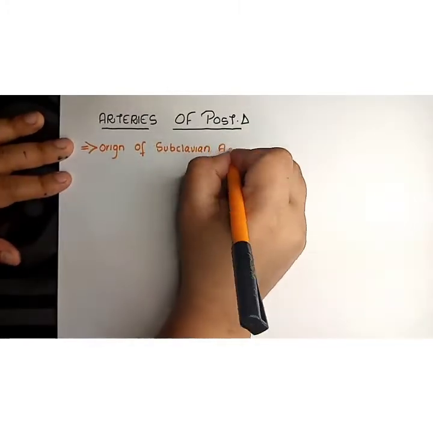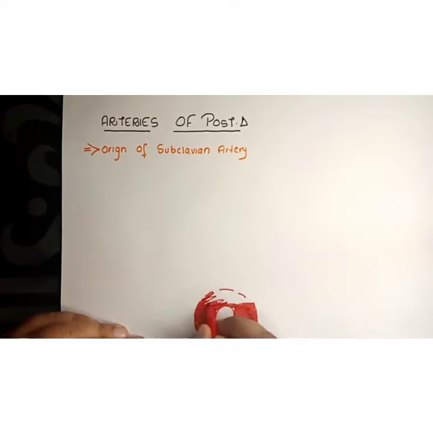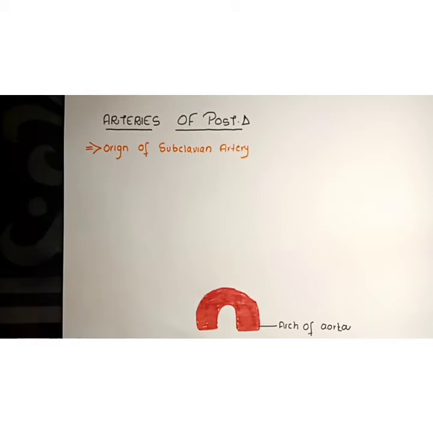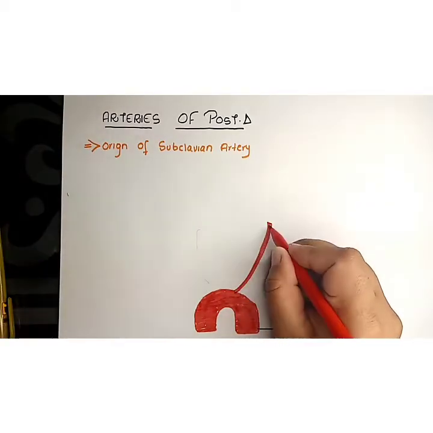The first one is the origin of the subclavian artery. So here is the arch of the aorta, and from the arch of the aorta arise the left and right internal carotid arteries.